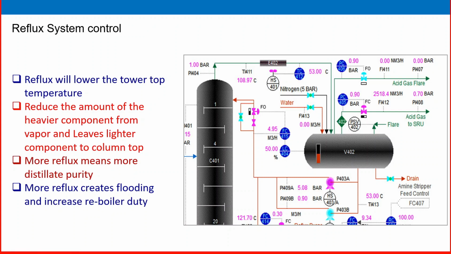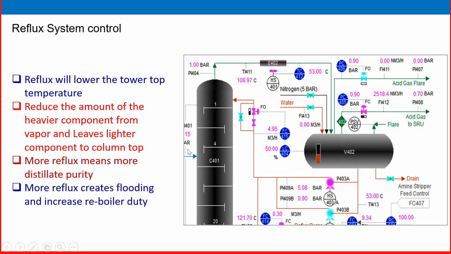I hope you are very clear now on the important process parameters like temperature, pressure, flow, level, etc. And amine purity is also very important.